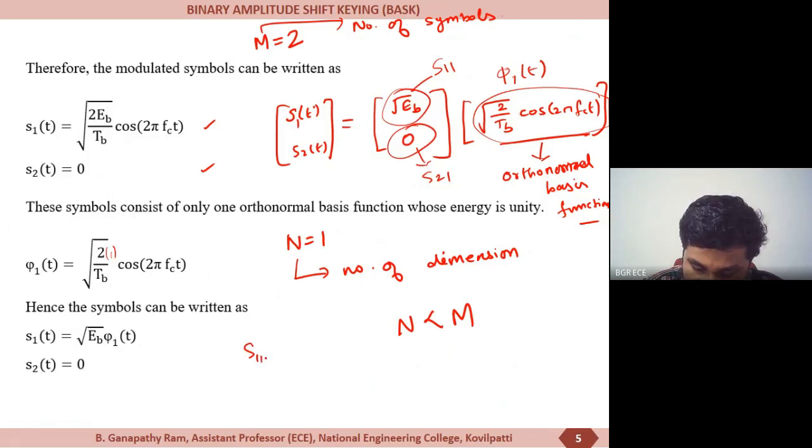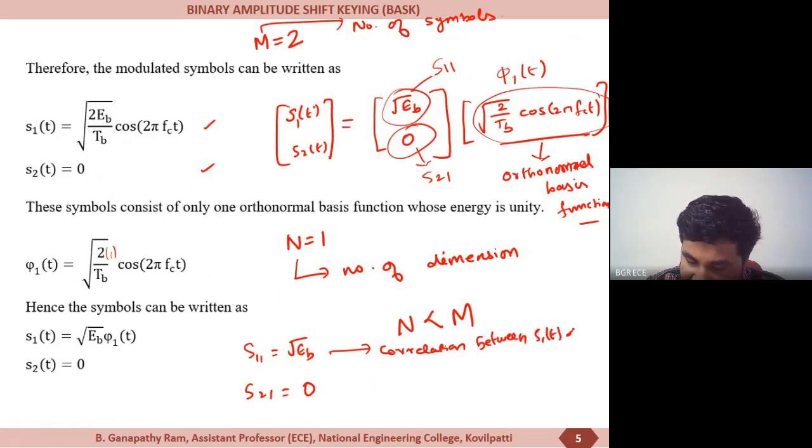So S11 is equal to square root of EB, and S21 is equal to 0. S11 is the correlation between S1 of t and phi1 of t, and S21 is the correlation between S2 of t and phi1 of t.